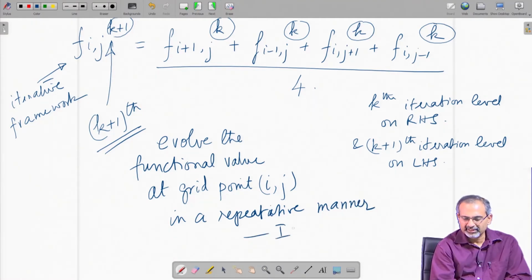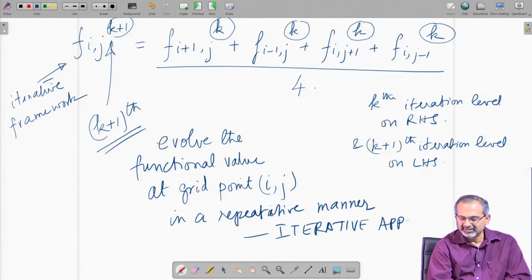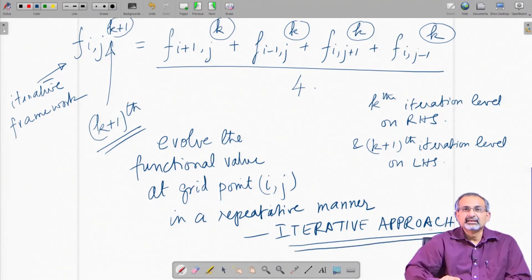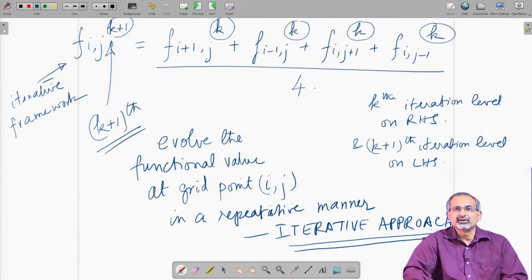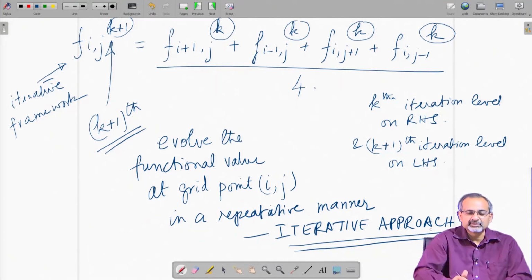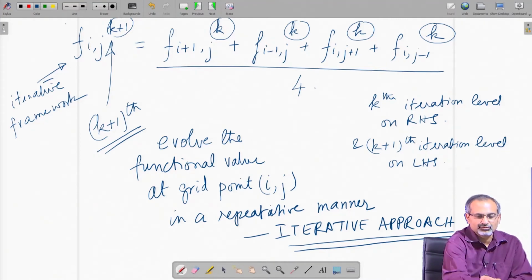Which we are calling as the iterative approach. So, what we essentially mean by the iterative approach is that you do repeated calculations by means of which you keep updating the values of the function at a certain point like i j based on the latest available values which are coming from the neighboring grid points, and that is precisely what this equation is going to do for you.